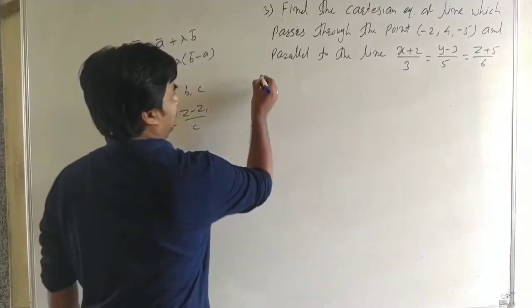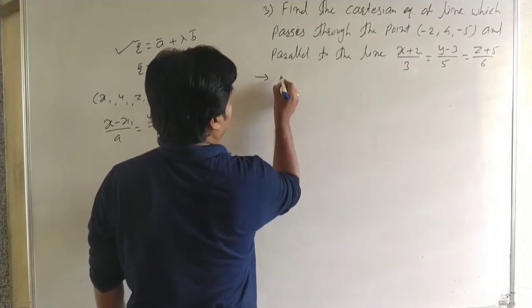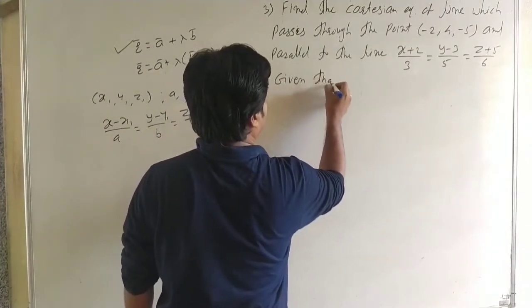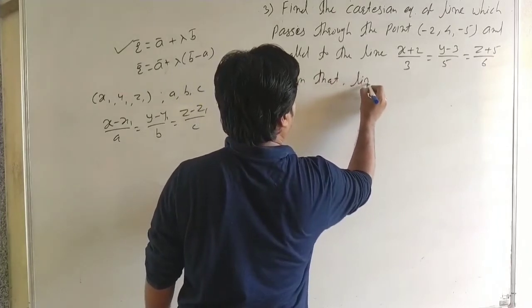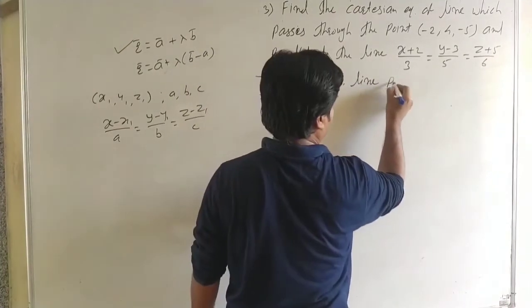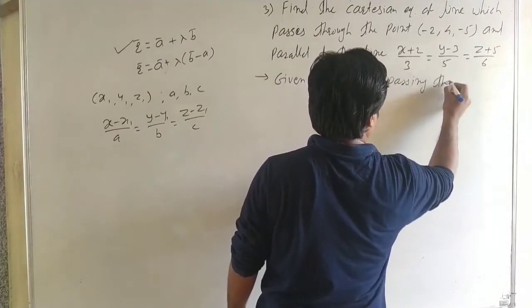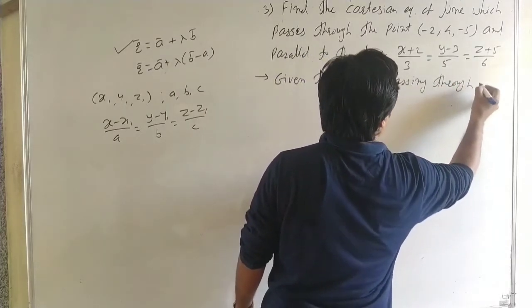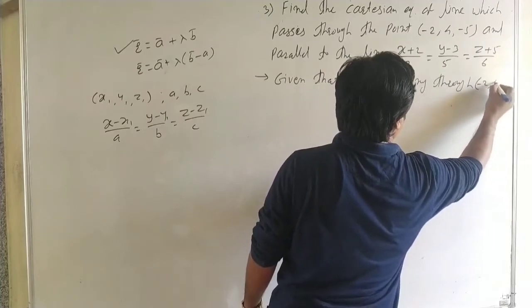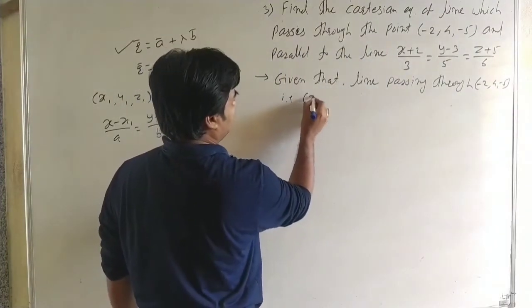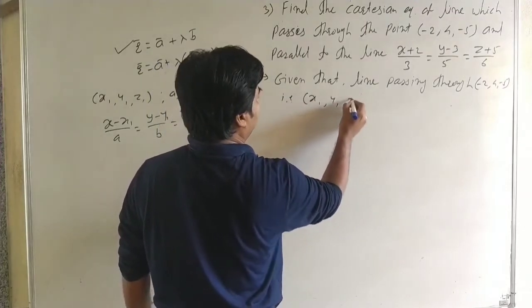Okay, now here it is given that the line passes through the point (-2, 4, -5), that is x1, y1 and z1.